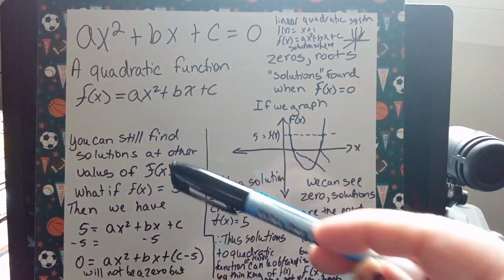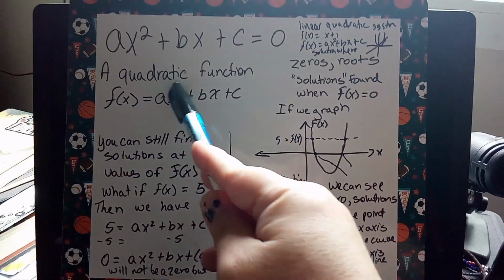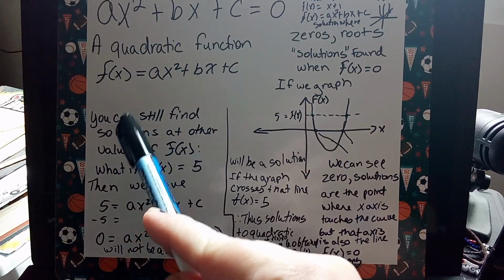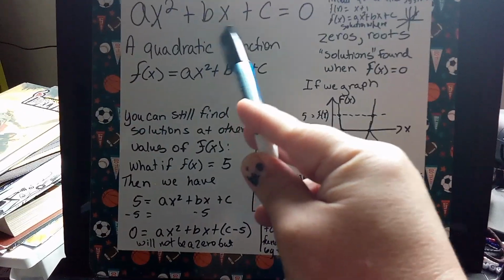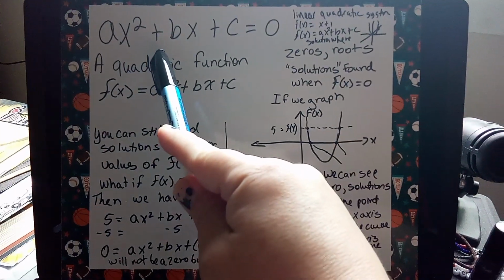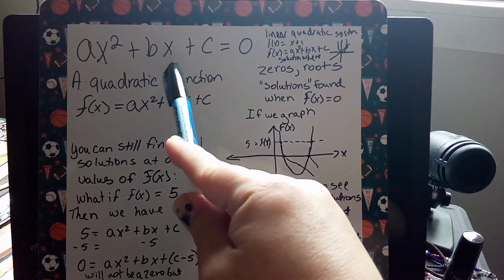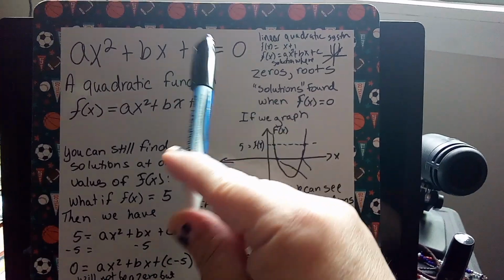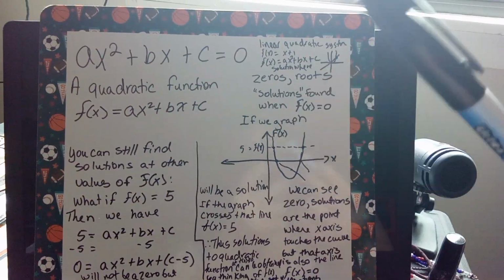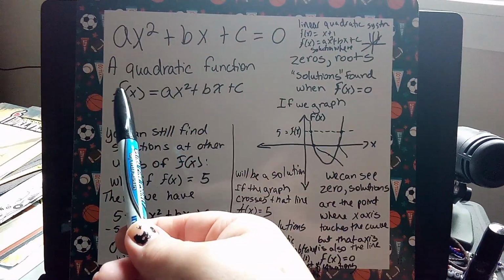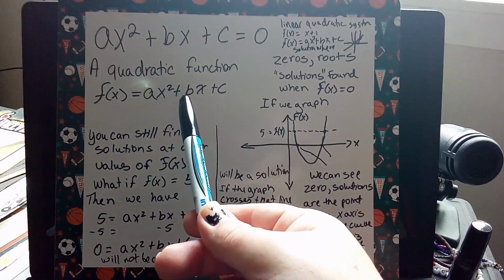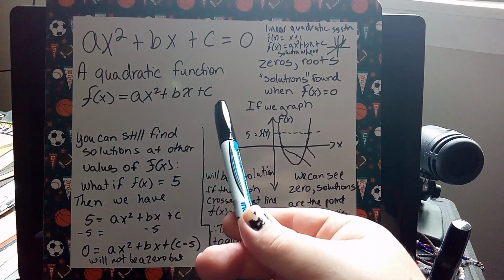So, in algebra, we study quadratic functions or quadratic equations. The standard form of the quadratic equation is written as ax squared plus bx plus c equals 0. If we were to generalize a quadratic function, it would more likely be f of x equals ax squared plus bx plus c.